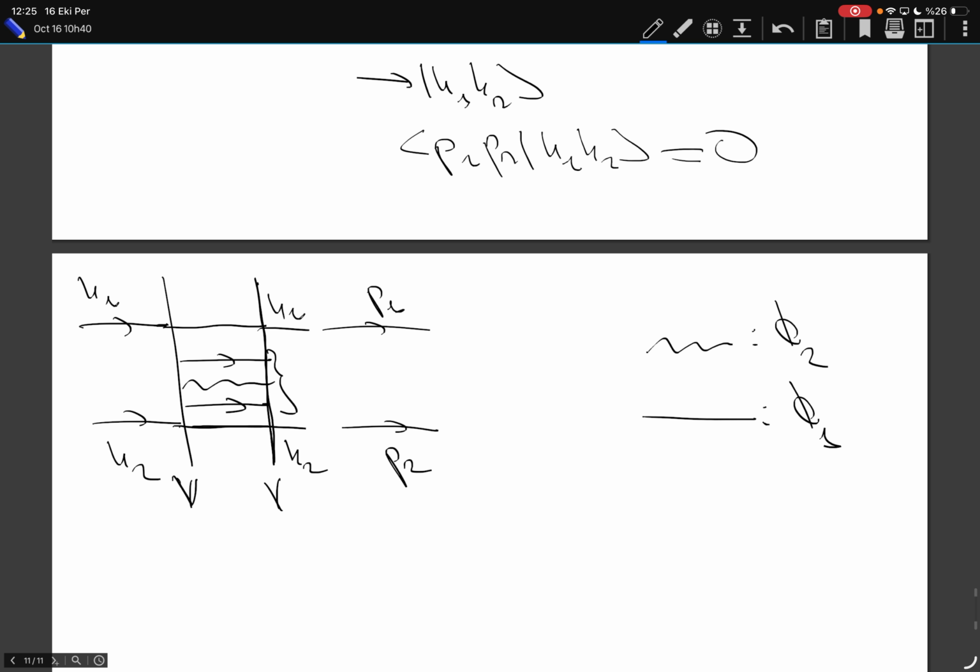Their momentum didn't change, but I'm looking for final states with different momenta. So the overlap will be 0. So there won't be contribution from this one.